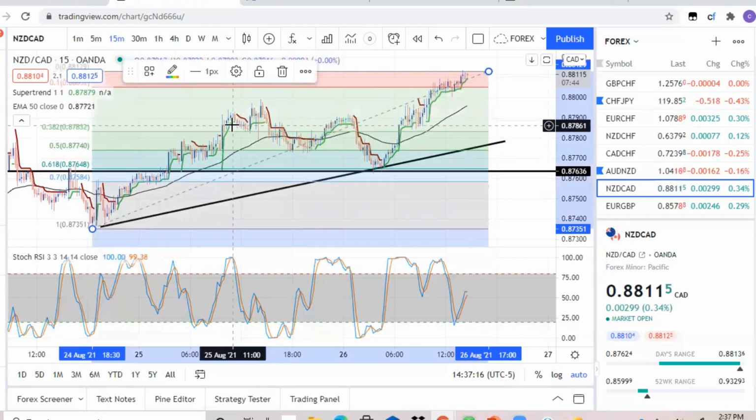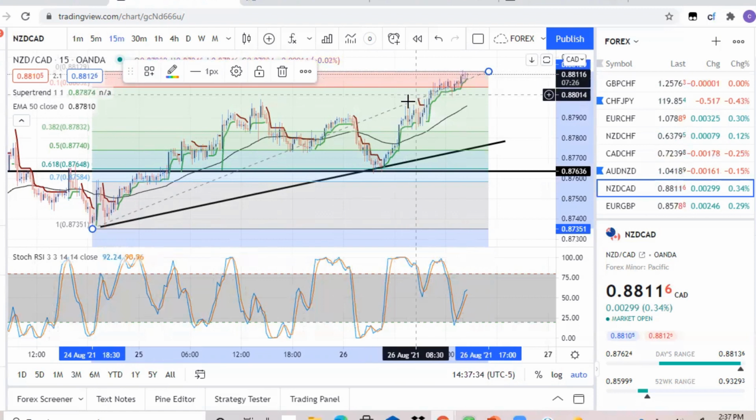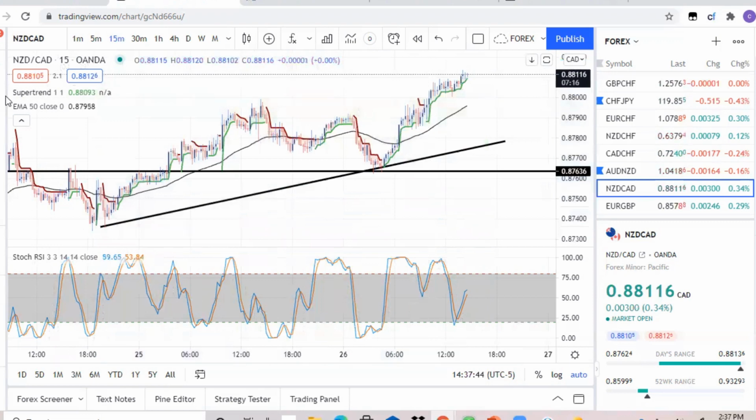And that's how you mark up your Fibonacci. As you guys can see, this is a perfect Fibonacci marker right here. It retraces back down to the 0.618 and then shoots back up from that point forward. That has now hit your TP all the way to TP3, depending on how you have your Fibonacci set up. I usually consider that a TP3. But that's how you set up your Fibonacci.